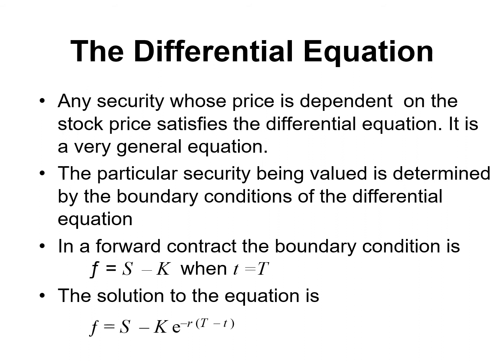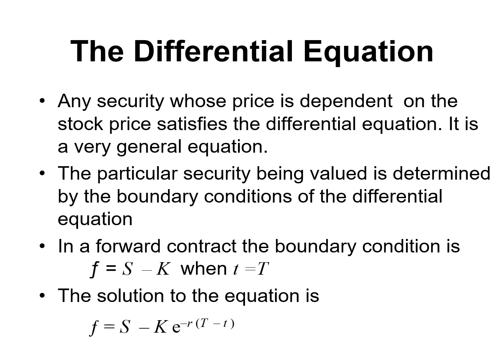The particular security being valued is determined by the boundary condition of the differential equation. So we have a differential equation, and we have the boundary condition. Or let me see, this is the initial condition or end condition, right? Yeah.